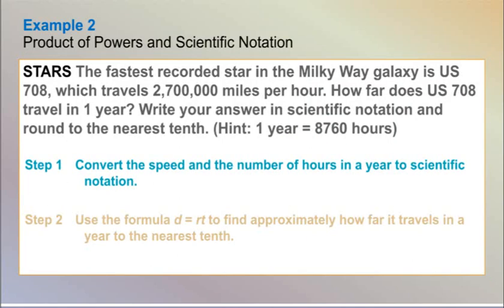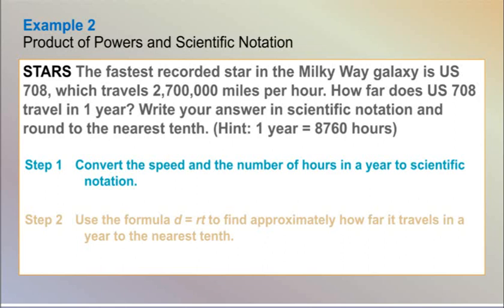Next example, a word problem. The fastest recorded star in the Milky Way galaxy is US 708, which travels 2,700,000 miles per hour. How far does US 708 travel in 1 year? Write your answer in scientific notation, and then round to the nearest tenth. And then the hint, 1 year is the same as 8,760 hours.